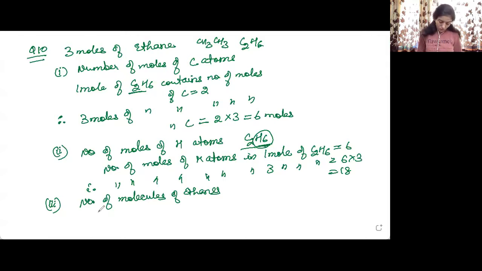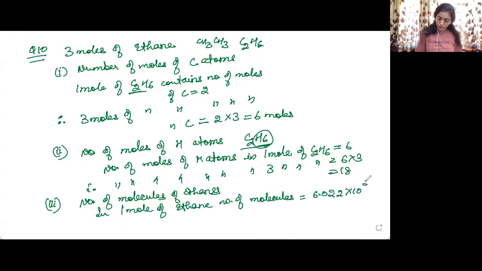Now, in 1 mole of ethane, the number of molecules is equal to Avogadro's number, that is 6.022 into 10 raised to the power 23. Therefore, in 3 moles of ethane, the number of molecules will be 6.022 multiplied by 10 raised to the power 23 multiplied by 3.